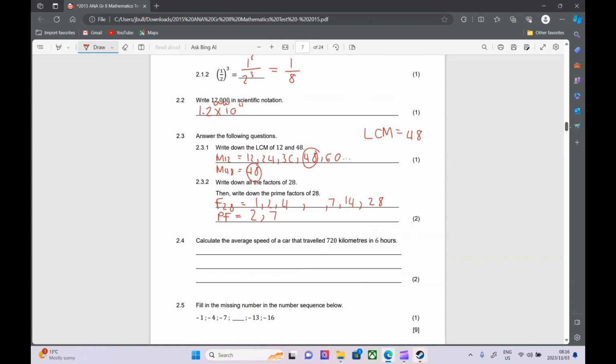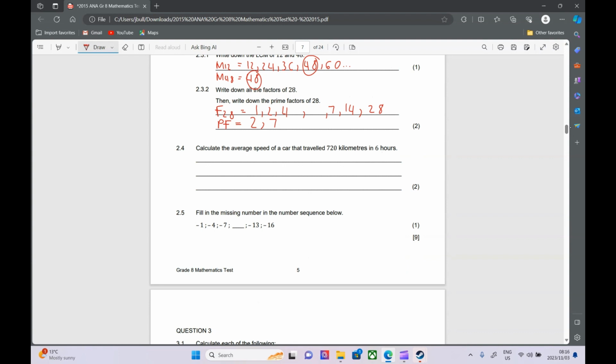So withdraw means I subtract, so minus. So I've got 2,000 Rand. I'm going to subtract 600 Rand for 3 months. Okay, so I'm going to say take away 600 in this month, in next month, and in the next month after that. Okay, so let's see. 2,000 take away 600 is 1,400.